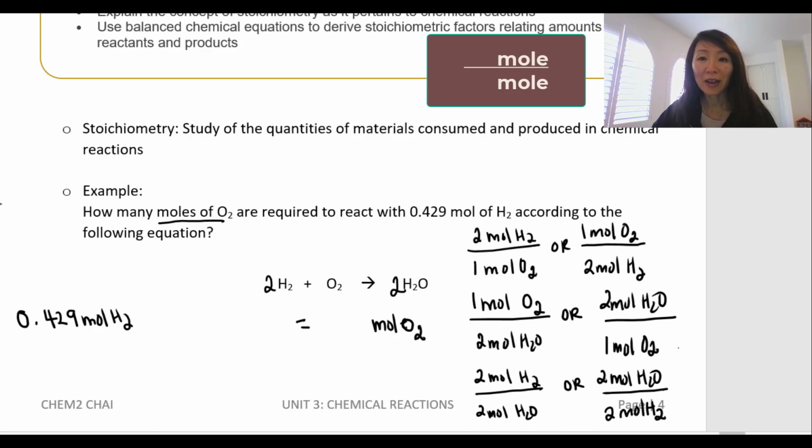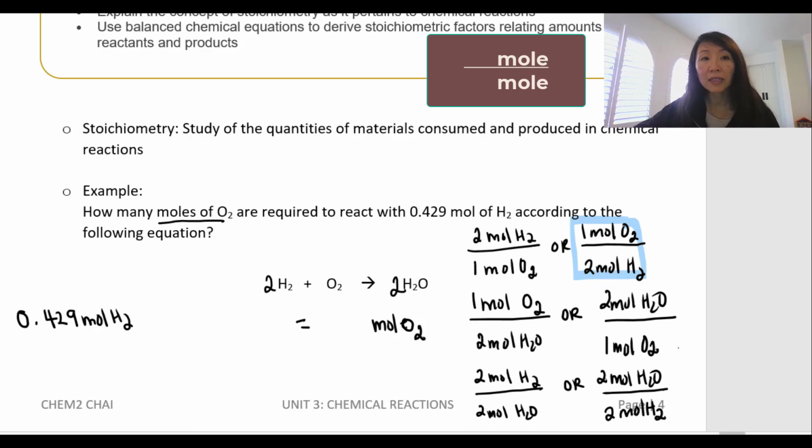Now, let's look at all of the possible choices on this side over here. Which one of these has to be used in order to cross cancel the moles of hydrogen, so that you're left with moles of oxygen? Here, I'm going to use this one right here, the one that says moles of oxygen on top and 2 moles of hydrogen on the bottom.